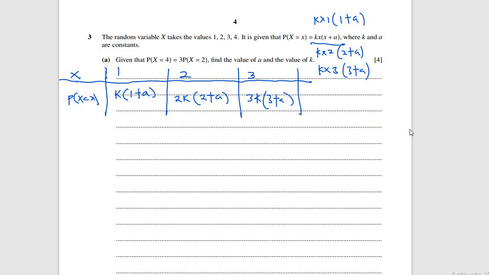At this point, you should know when x is 4: 4k(4 + a), when you follow that model. Okay, this is the table.